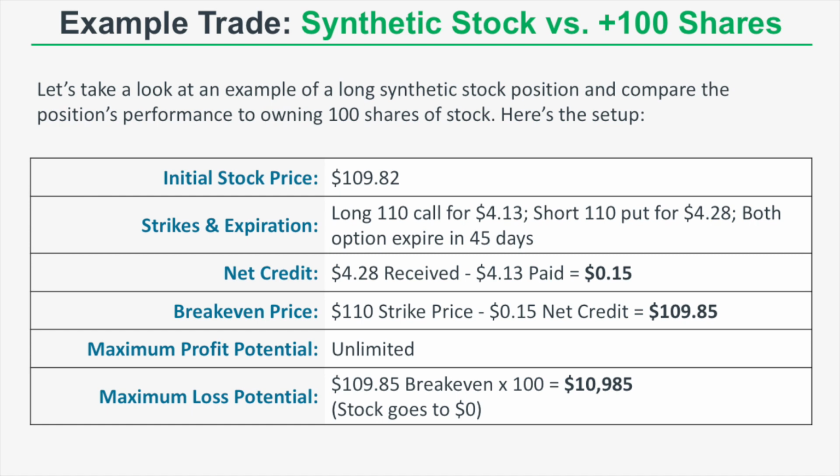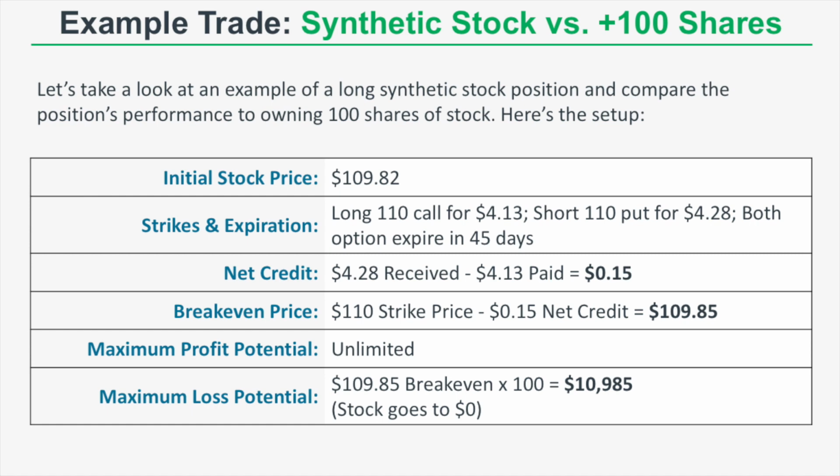Both options expire in 45 days. Since we collected $4.28 from the put and paid $4.13 for the call, we get a net credit of 15 cents, which means our break-even price is the strike price of 110 minus the 15-cent credit, which brings our break-even to 109.85. Our max profit potential is unlimited, and our max loss potential is 109.85 times 100, or $10,985, which occurs if the stock price goes to zero in the next 45 days.